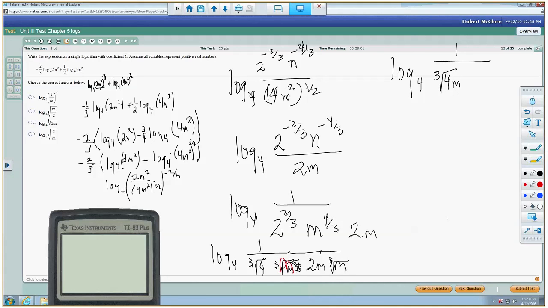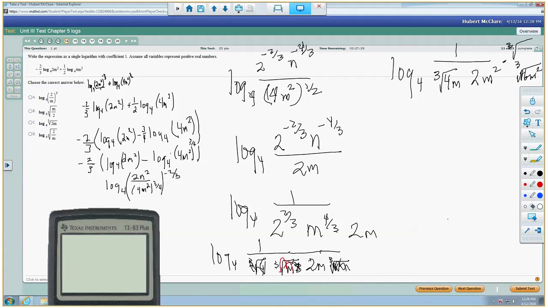That takes care of these two. And then what's 2m times m? 2m squared. And there's my cube root again, so I'm going to multiply that by the cube root of 16m squared.